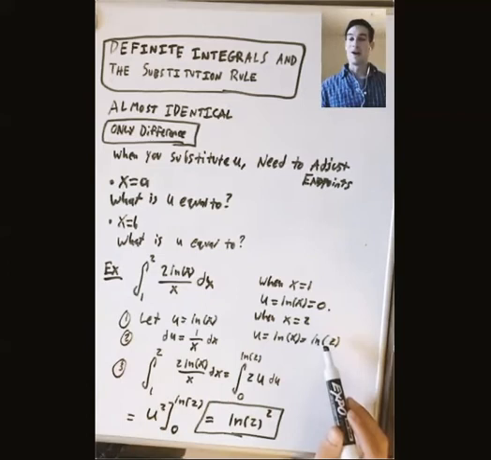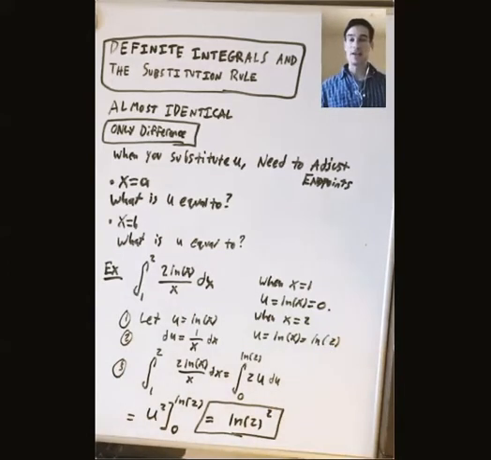But we also gained something. In all the indefinite integral substitution rule problems that we've seen so far, we have had to go back at the end. We get an antiderivative in terms of u and substitute back to get a function of x.